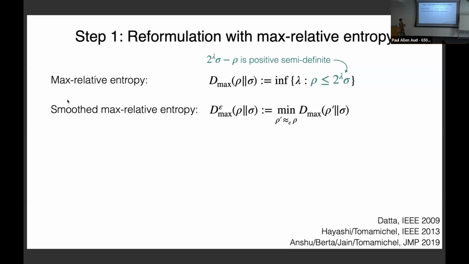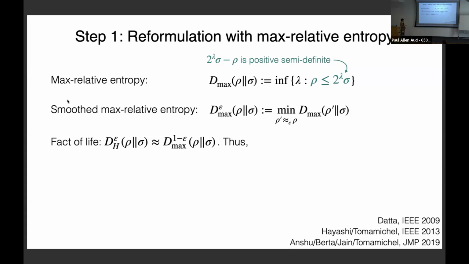This quantity is a bit ad hoc, but it was introduced by Nilanjana Datta, and then studied by Hayashi and Thomas Michel, and also Thomas Michel et al., Anshu, Berta, and Jain, who showed that for some mysterious reason, and I agree it's a bit of black magic, the hypothesis testing relative entropy, which is the quantity we really care about, is related to this max relative entropy.